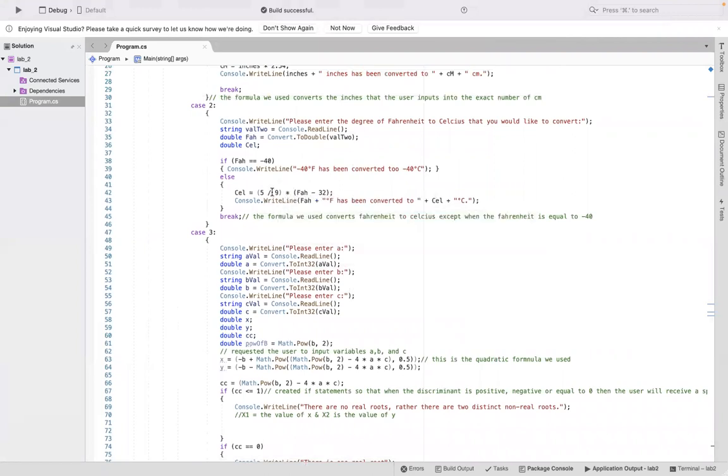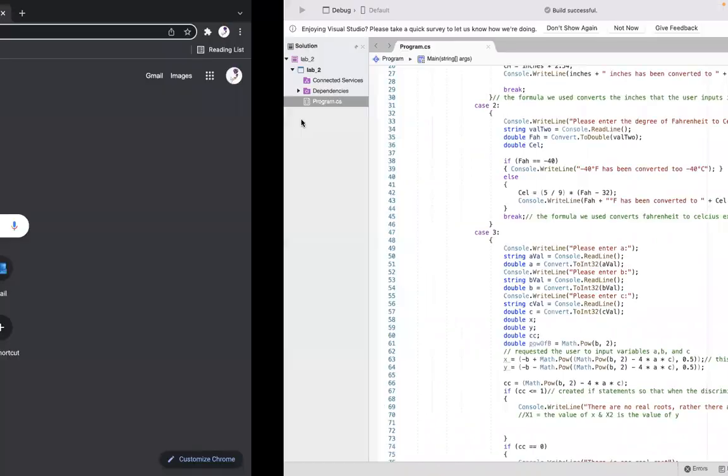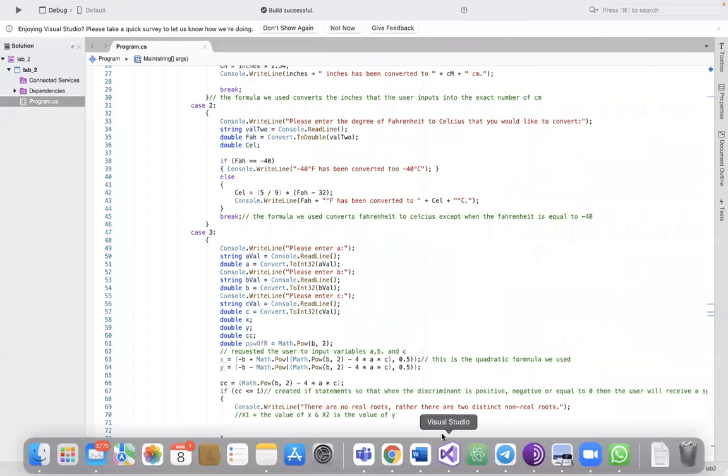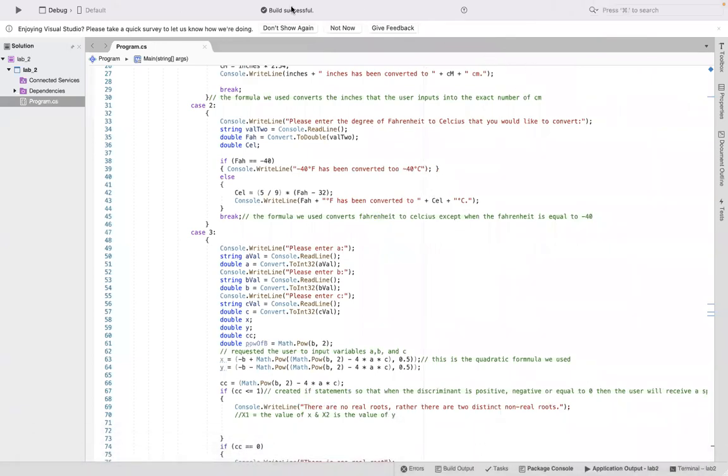Okay, so I just pasted the formula in the chat. Is it similar to what we have used? I'll have to check. It's basically 333 Fahrenheit minus 32 times 5 divided by 9. Yeah, I think it's the same thing. It's not just Fahrenheit, you see what I mean?